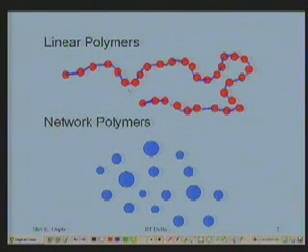This is a curvilinear line. This is called a linear polymer or a chain polymer.